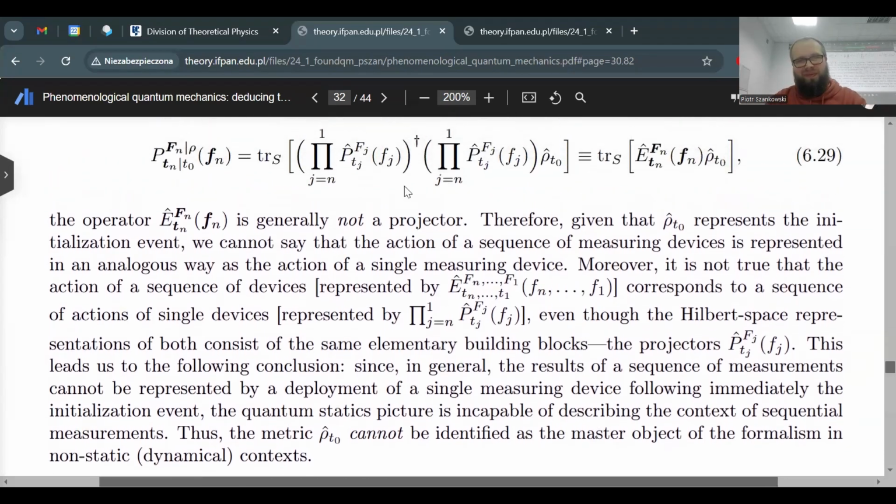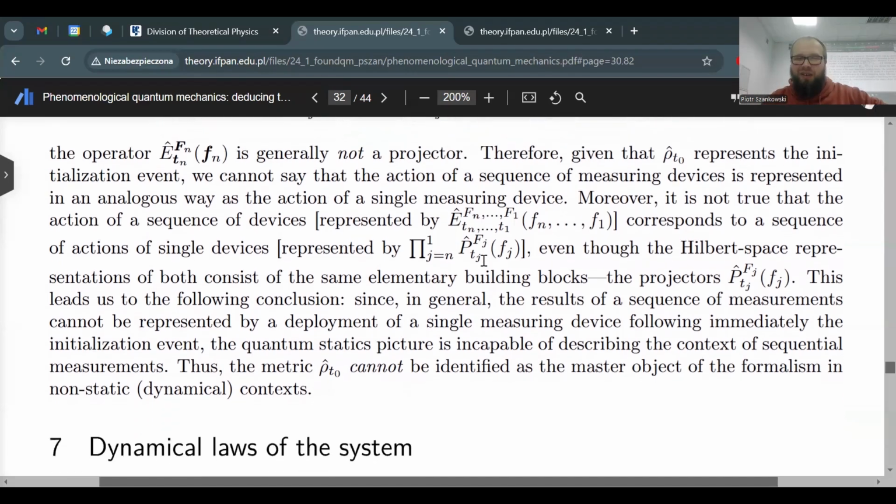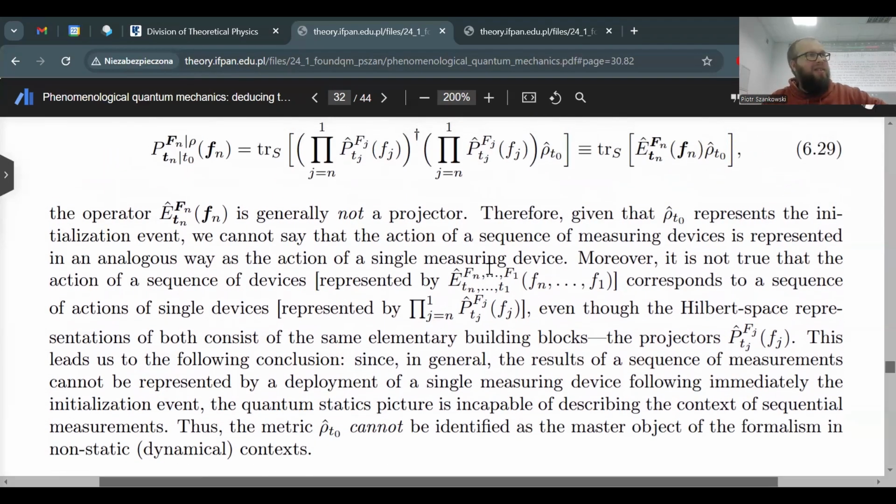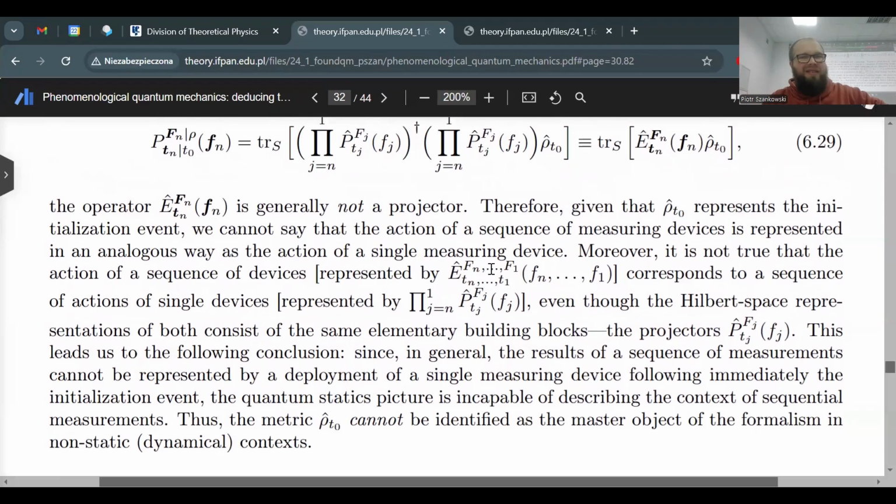The second term is a product of projection operators. Yeah, but the timings are completely different. You cannot disassemble it into some simple composition, some chronological sequence, a sequence of pairs of projectors.